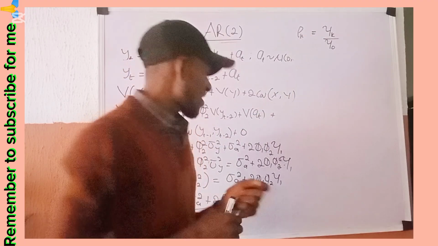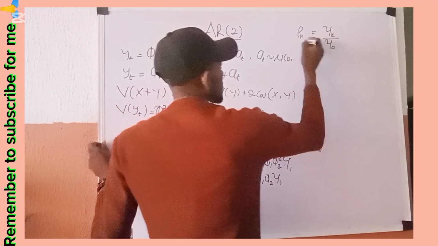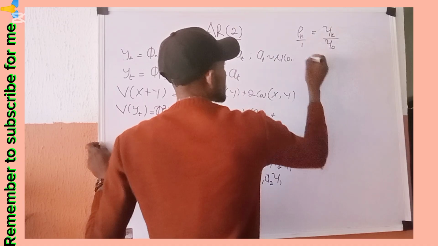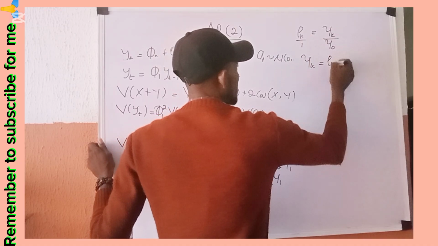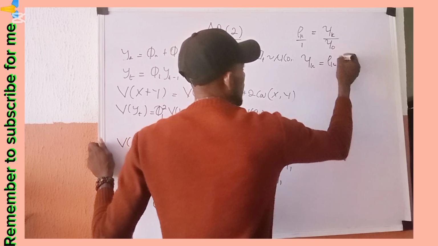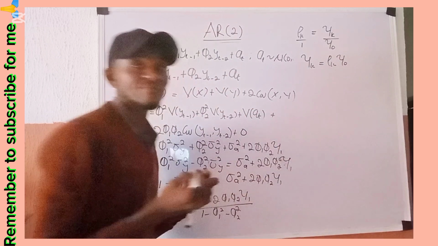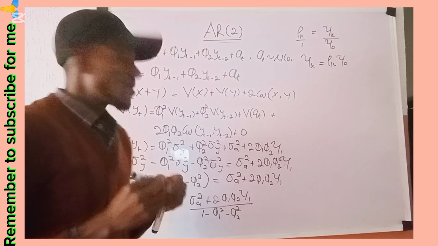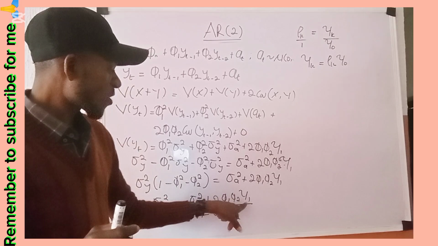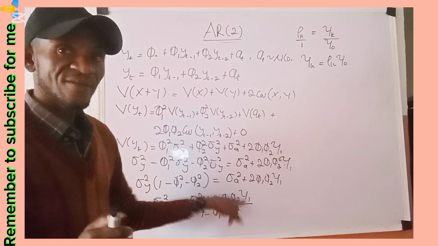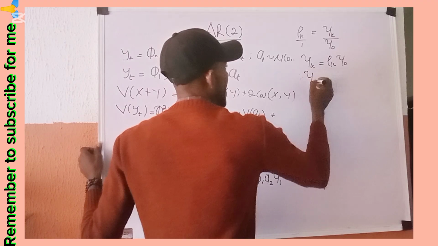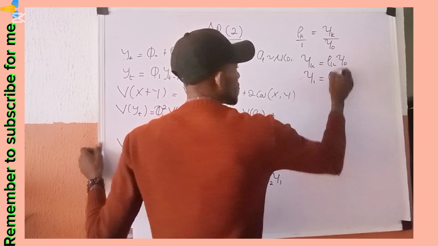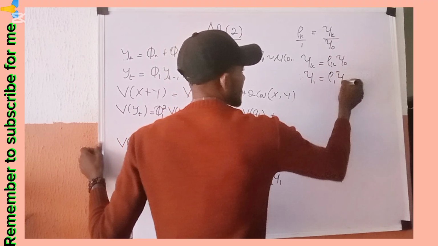By implication, gamma k is given as rho k gamma 0. But here we are talking about gamma 1. So I can decide now to say that my gamma 1 is going to be rho 1 gamma 0.